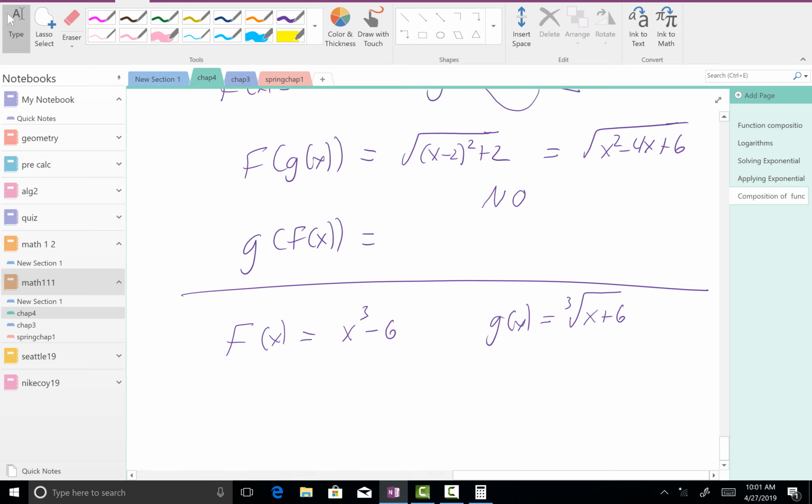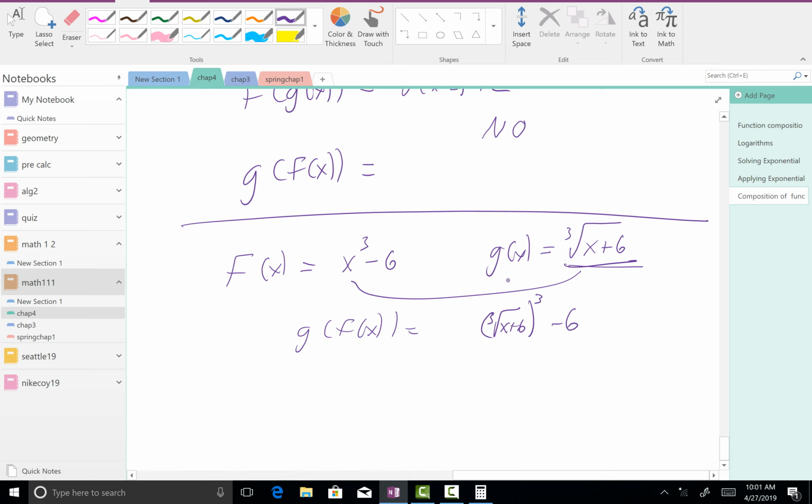Are these things going to work? So first of all, let's check this one out. So this is going to go there, so it looks like that. I took this function and put it in where that x cubed is. It's a cube root, so the cube roots undo each other. Oh, that one works. And then you would want to check the other way.